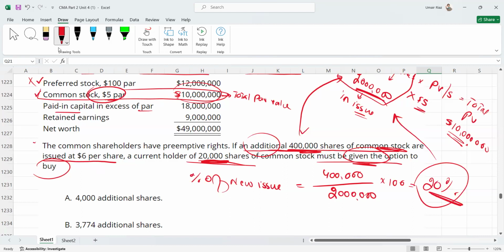Obviously 20%, because we issue new shares which are 20% of the existing shares. So 20% of 20,000 is 4,000. Just recheck, guys. 4,000 new shares will be given to the shareholder who owns 20,000 shares. So option A is the correct answer.